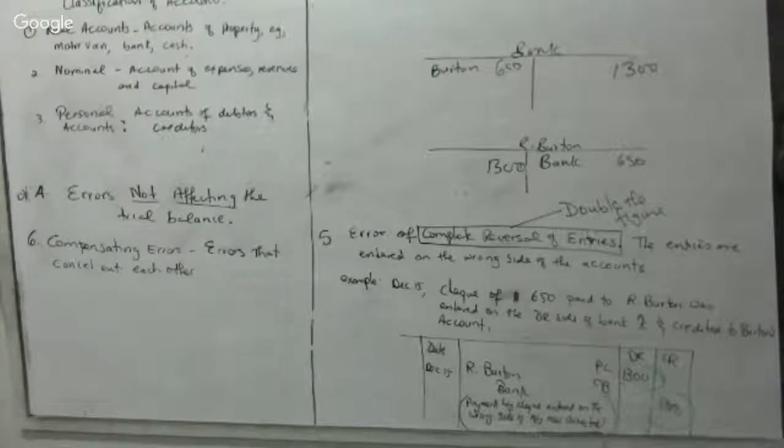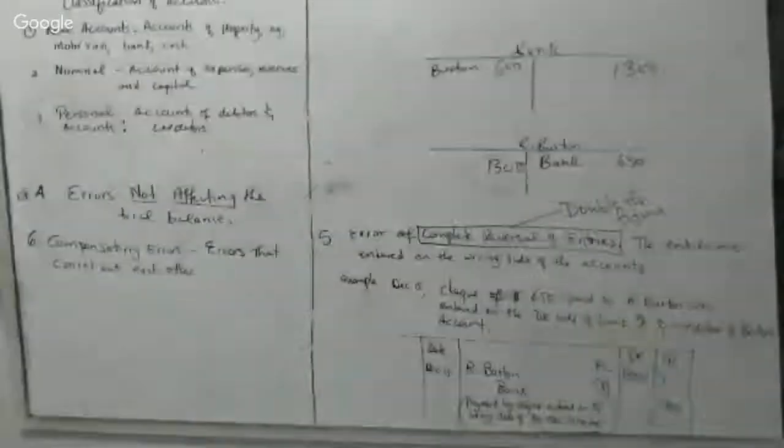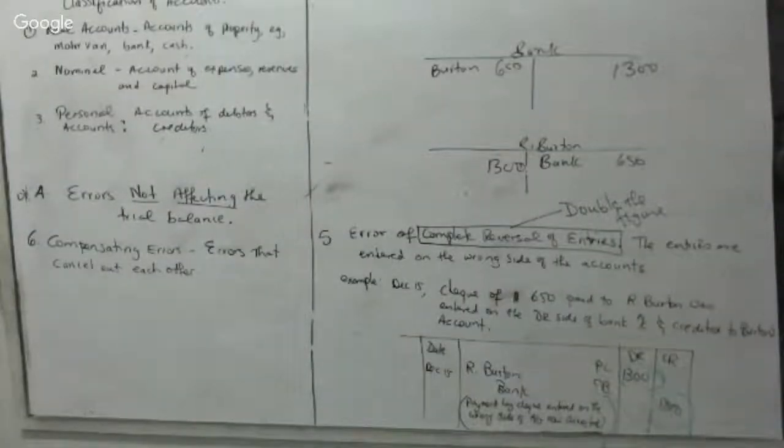So the balances are going to cancel out each other. The credit amount overstated by 10 cancels out the debit entry overstated by 10. What is interesting is how you apply the error.